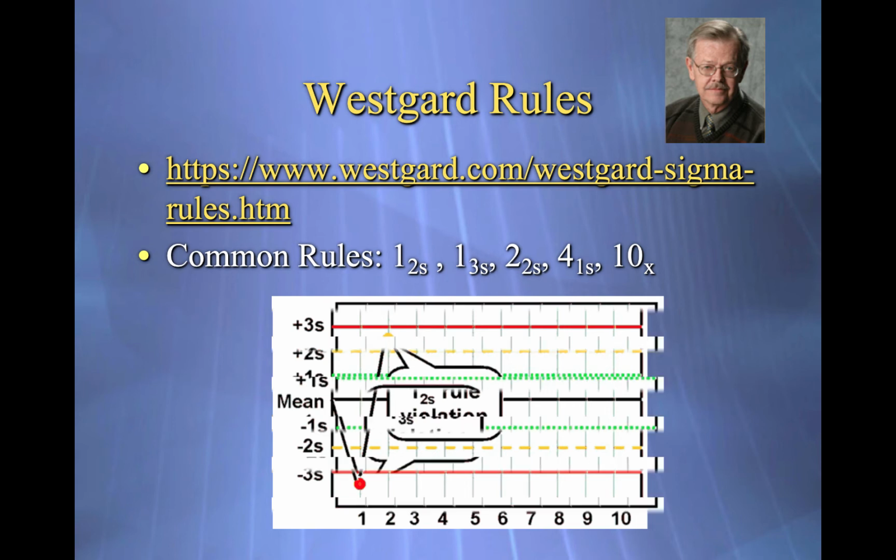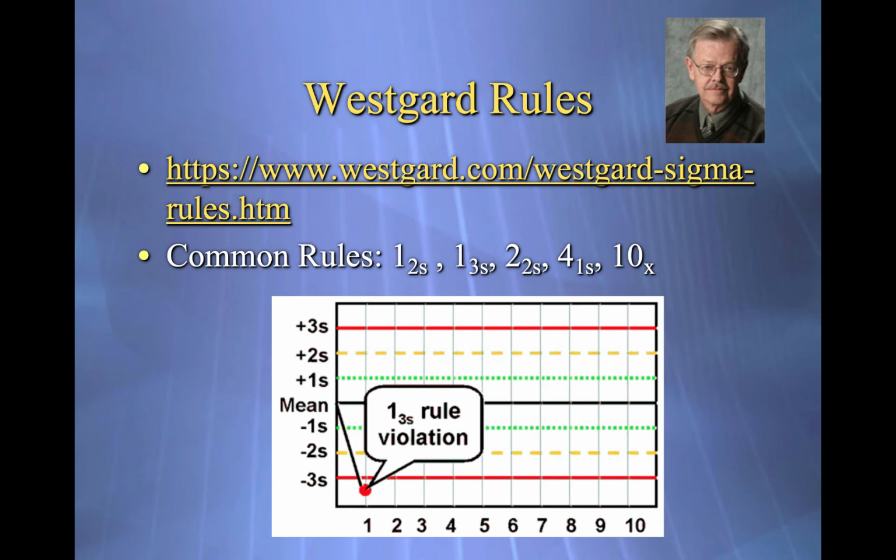Okay. Here's another one. The 13S violation is more severe, and if you go outside by 3 standard deviations, your test is probably out of control. You should probably stop at that point, relook at the assay, and get it back in control before you test any patient samples.